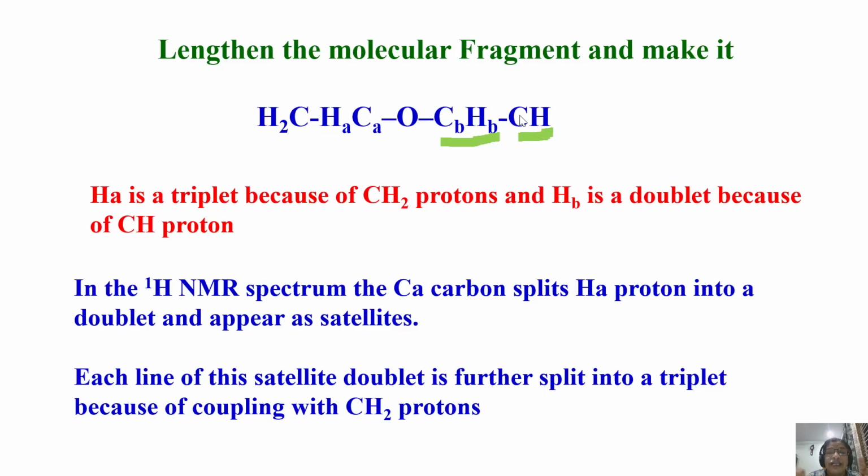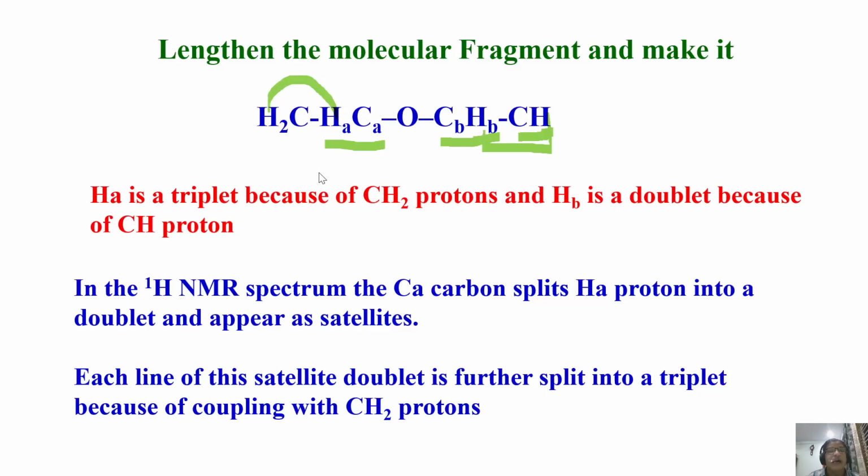So each line of the satellites is going to be a doublet. So now you are bringing in HH coupling between protons in the satellite spectrum. You understand now we are seeing two types of coupling. One is directly bonded carbon proton coupling, and also we are looking at HH coupling in the spectrum.